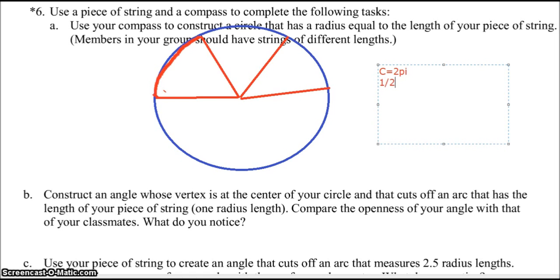So that means half of a circumference is equal to pi radians. And remember that pi is 3.14 something or other. So 3 of these, with a little bit more, will go halfway around the circle.